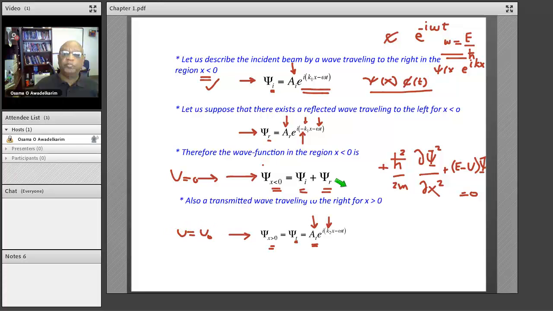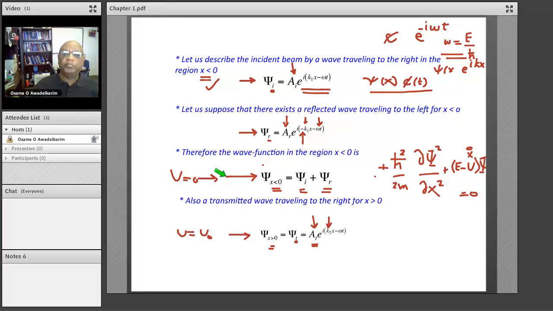So this equation takes the form minus h bar squared over 2m, d squared psi over dx squared, plus E, where U is 0 on the left-hand side, and on the right-hand side U is equal to U naught.